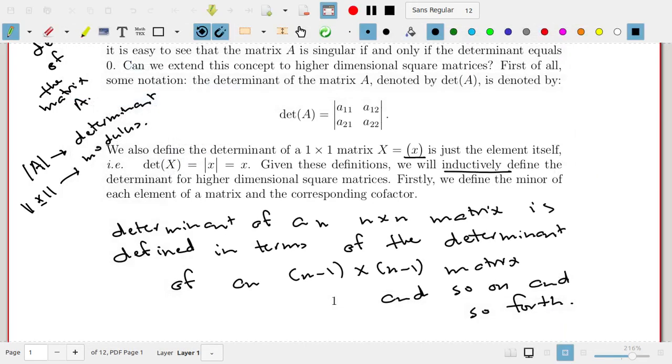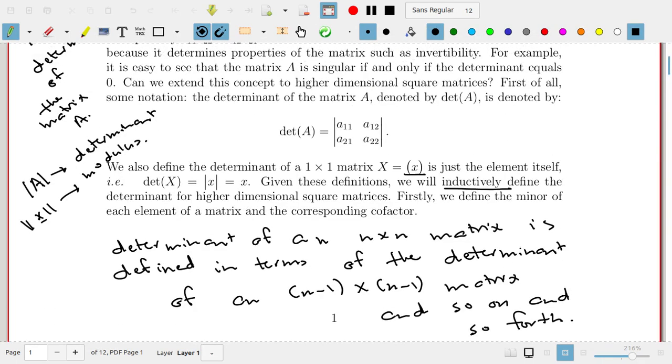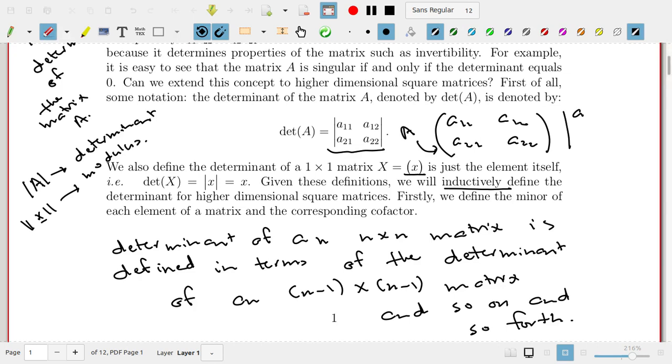Now that we have that out of the way, how do we calculate the determinant of a matrix? So this is the matrix A, and this, with the vertical bars, is the determinant of A. Make sure you can tell the difference.